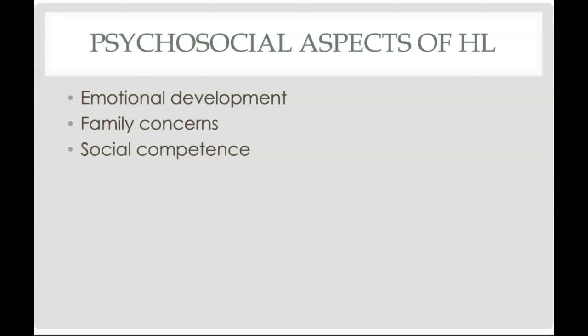So some of the psychosocial aspects of hearing loss, you have emotional development, family concerns, social competence. One area that individuals with hearing loss struggle with is called theory of mind. I don't know if you guys talk about that. You might talk about that in the pragmatic language context. But theory of mind development is something that can be negatively affected by hearing loss.